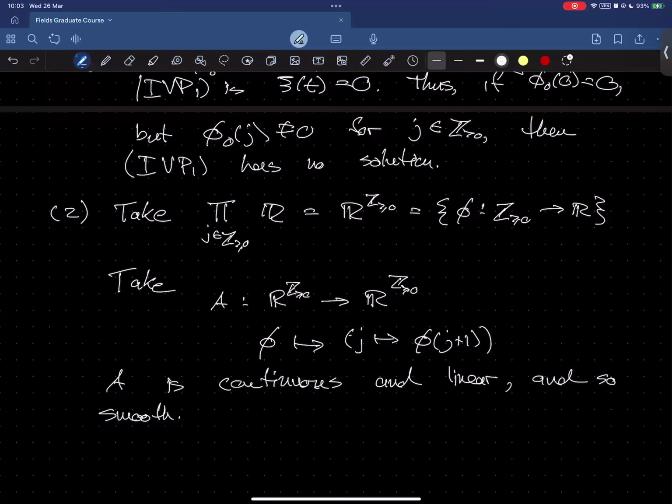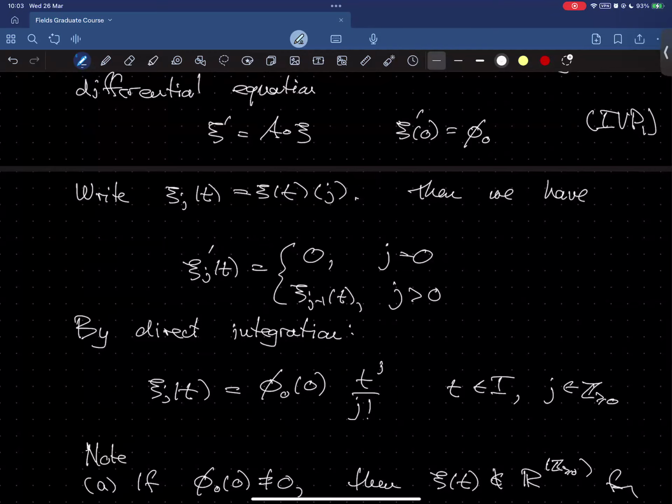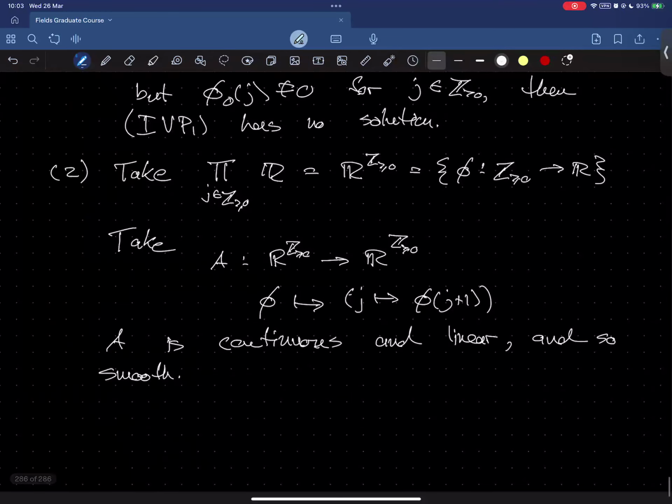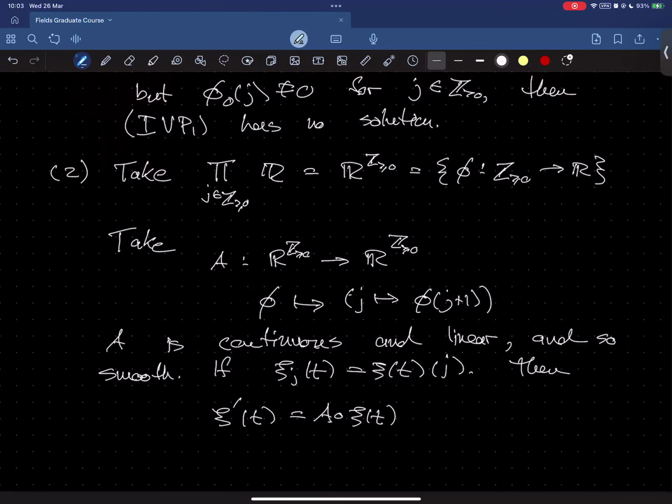Okay. So we have the same kind of idea about writing down what the differential equations governing the solution look like. So if again we're going to write Cj of t to be C of t of j, then the differential equation. So notice that this differential equation is time independent.